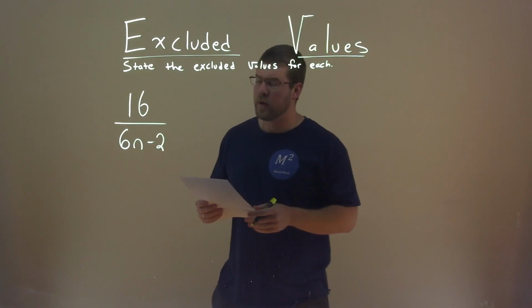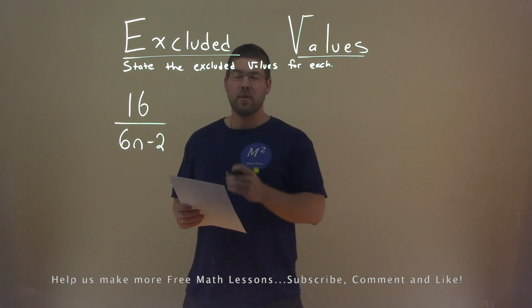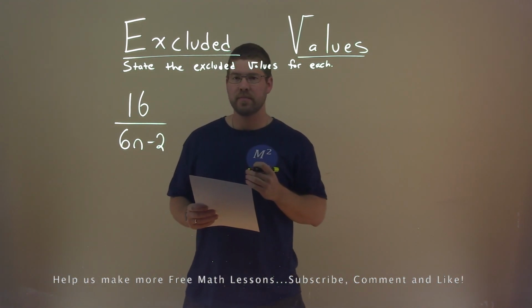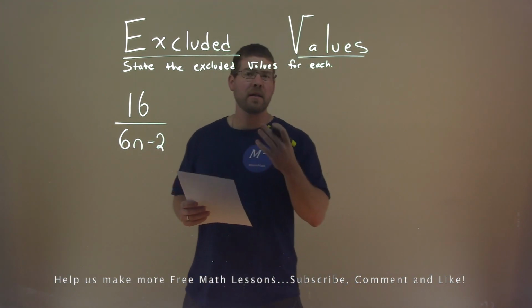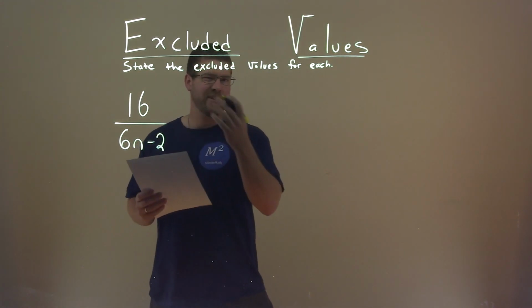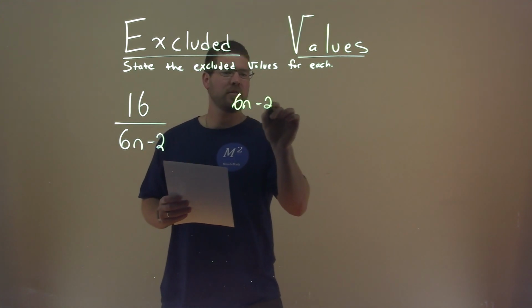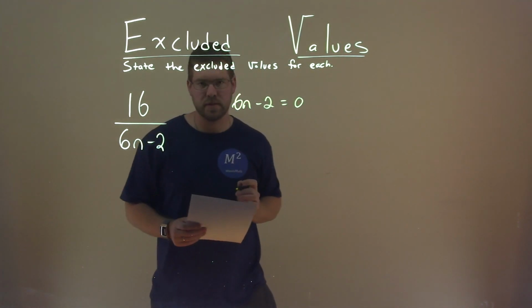We're given this problem right here, 16 over 6n minus 2, and we want to state the excluded value here. Well, one thing we know is that we're not allowed to divide by 0. So we need to look at the denominator, 6n minus 2, and set it equal to 0.